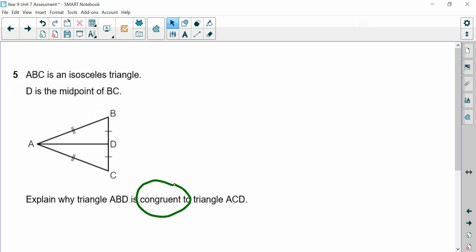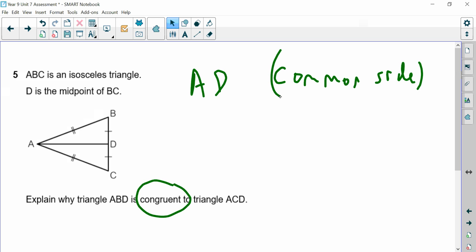First of all, one side I know definitely is the same is that AD is the same for both triangles, because AD is a common side. So my rationale for that is it's a common side there. Another side that I know that must be the same for both triangles is this one here, AB and AC. Well, how do I know that AB and AC are the same?